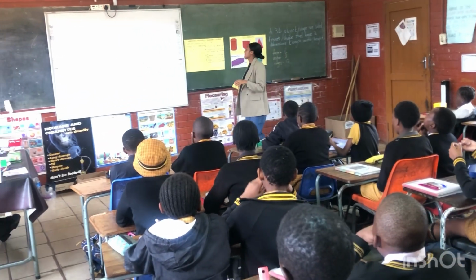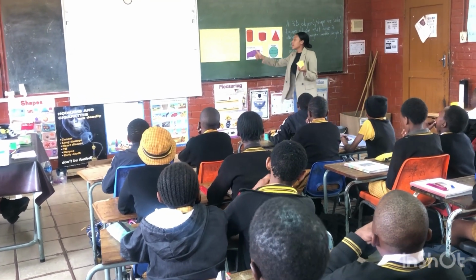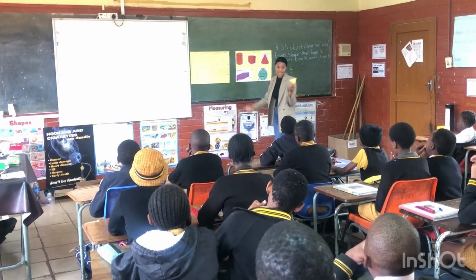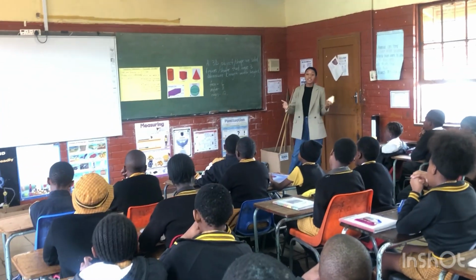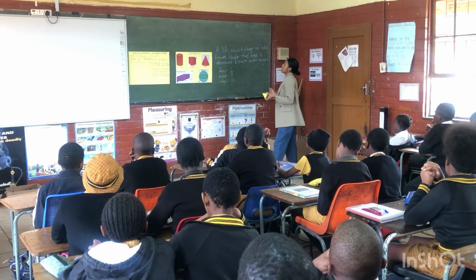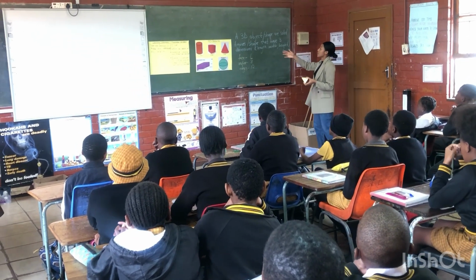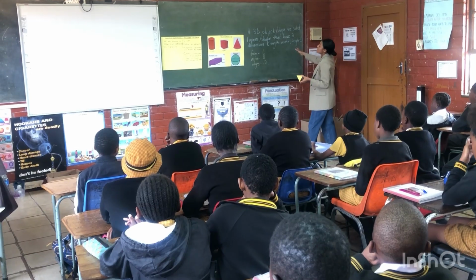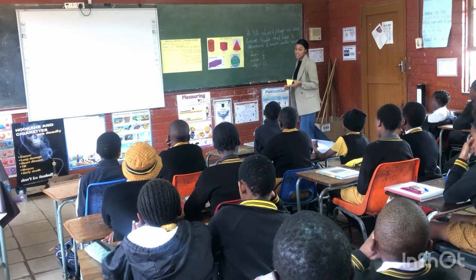So far, did we identify the characteristics of 3D objects? Yes. The number of shapes, vertices, and edges? Yes. So now we are looking at the definition of a 3D object. A 3D object or shape are solid figures or shapes that have 3 dimensions: the length, the width, and the height. Right.